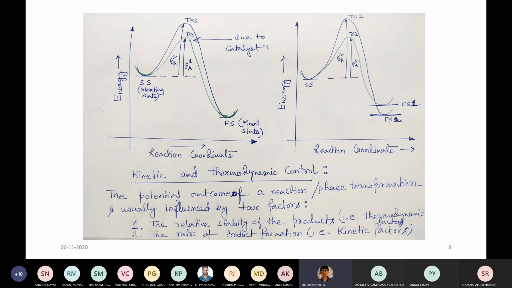The hump of the activation energy also indicates the high energy of a transition state or activated complex. It is very easy to understand. If you pay attention, you can easily understand that the high hump of the activation energy also indicates the high energy of a transition state or activated complex. That is, the top of the hump is so unstable because the energy is very high. Still you have to go through that and overcome the activation energy barrier.